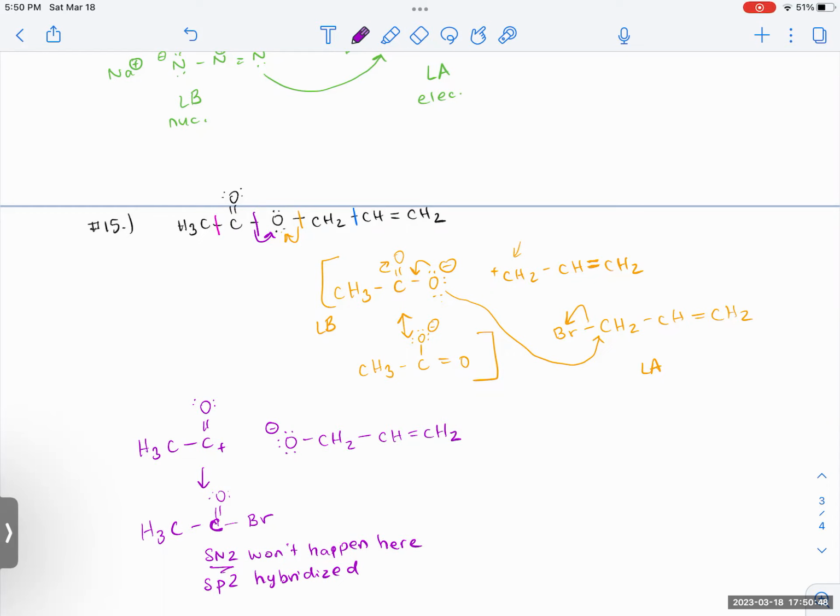Let's try pink. So let's say the electrons go on this carbon, because that's where the oxygens are. So let's say this one has a positive charge, and this one has a negative charge. So this is not too much of an issue on this side. We can add a bromine.